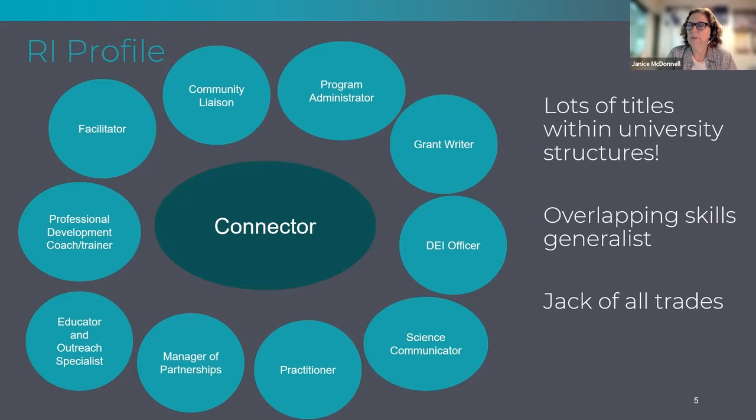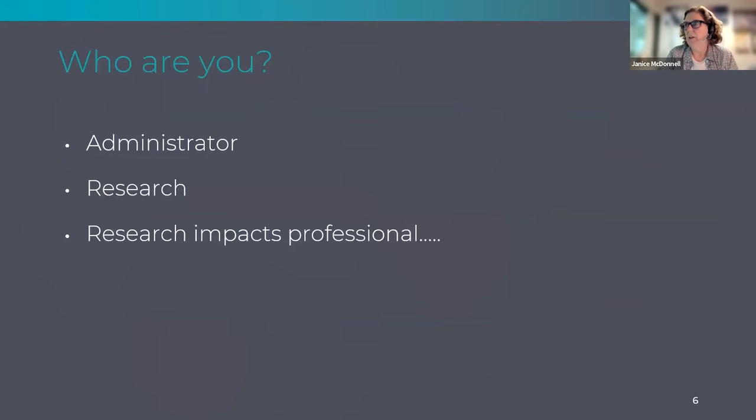So the profile of how you develop competencies can be very broad and very difficult to nail down, because you can see just this broad range of skills and job titles that fall within our discipline. So with that, I think what we're going to do now is think a little bit about how you frame yourself.